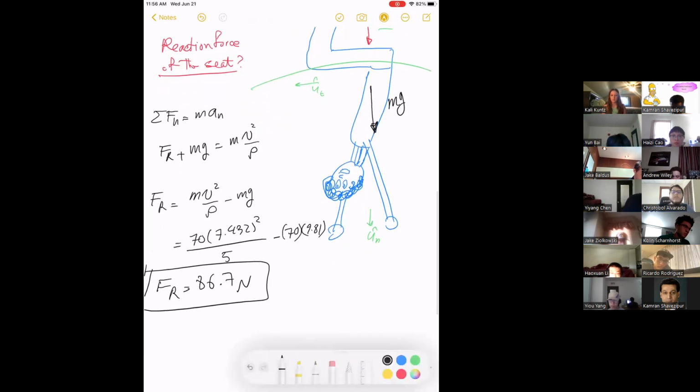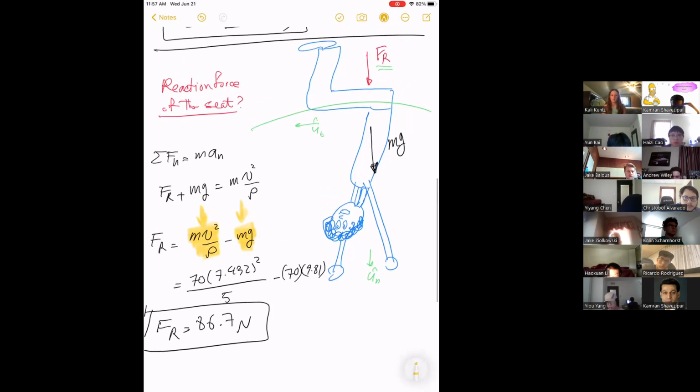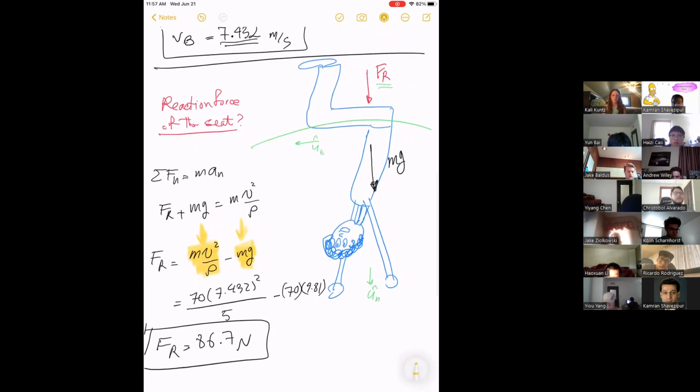Now, I want you guys to pay attention to this part. Reaction force is m v squared over rho minus mg. What happens if this term is smaller than this term? For example, instead of 7 point something meters per second, you go to, I don't know, 2 point something meters per second, and this becomes much smaller.